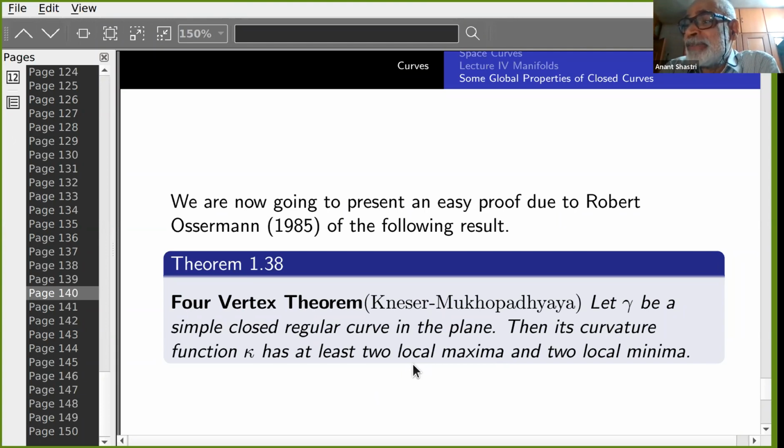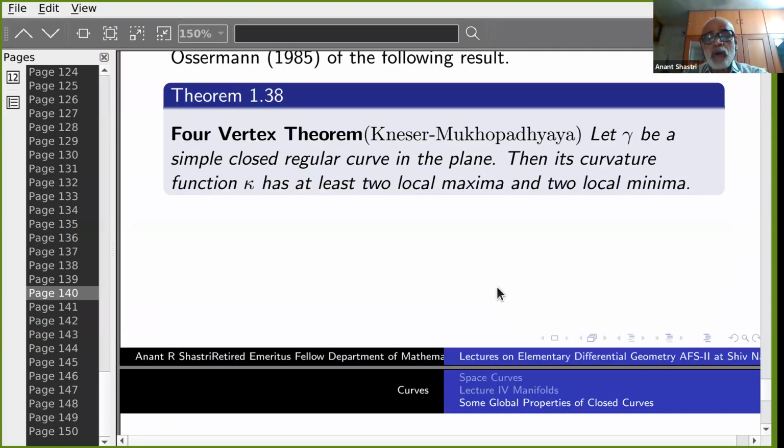So the best thing is to prove it for regular curves wherein there are no corners. Corners you can't just add as vertices now. So vertices of this curve will be those wherein kappa dot is 0, and that is something additional you have to prove. Okay, so let us stick to regular curves now, not piecewise smooth curves, as compared to the earlier theorem, namely the isoperimetric inequalities. You got it? Any questions?